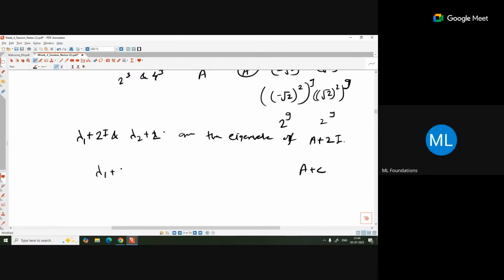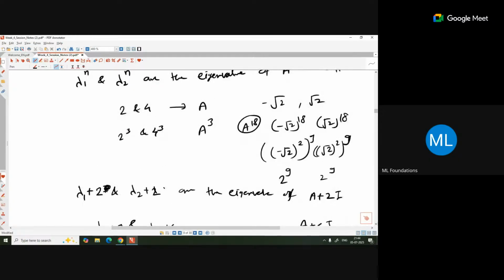So here it's lambda 1 plus c and lambda 2 plus c. This is the generalized version, where c is any constant, any scalar, and I is the identity. By using this, you can solve any question.